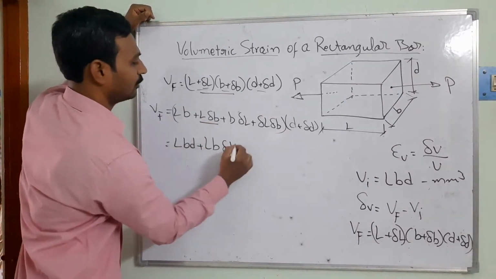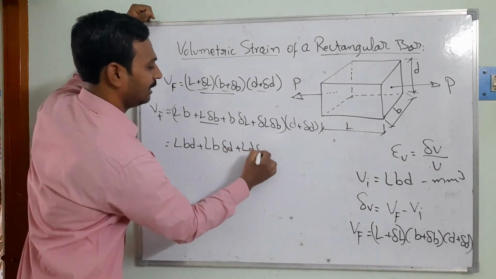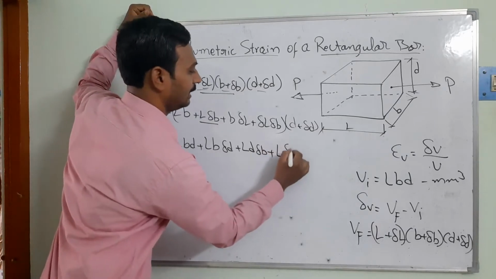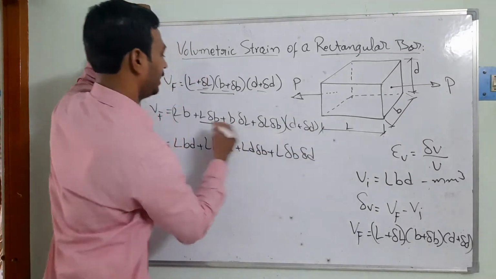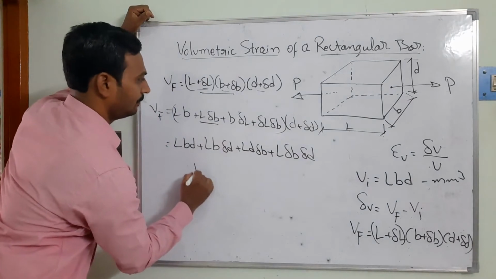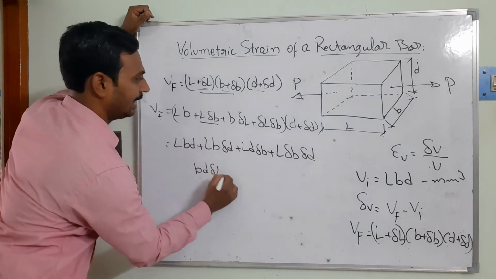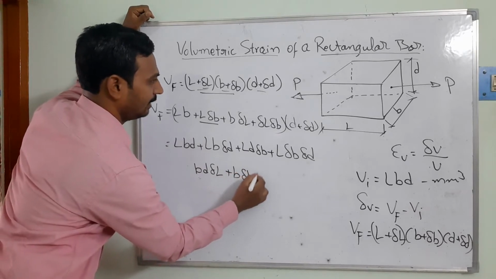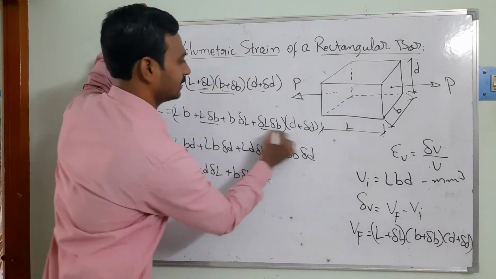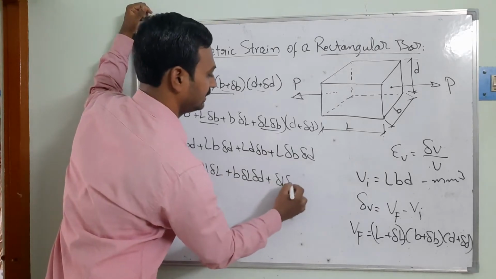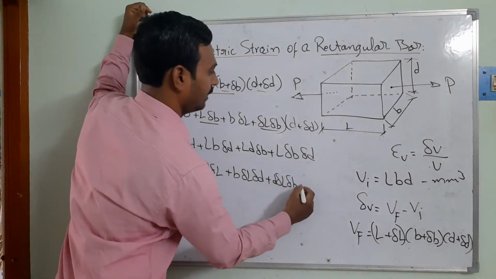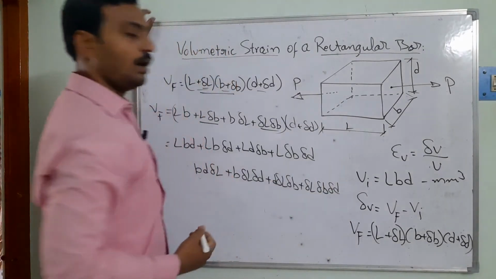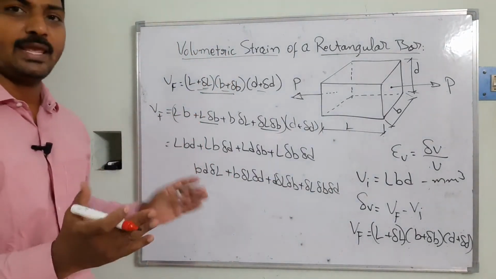The next term is plus LD del B plus L del B del D. In continuation with the third, BD del L plus B del L del D. The fourth is del L del B D plus del L del B del D.